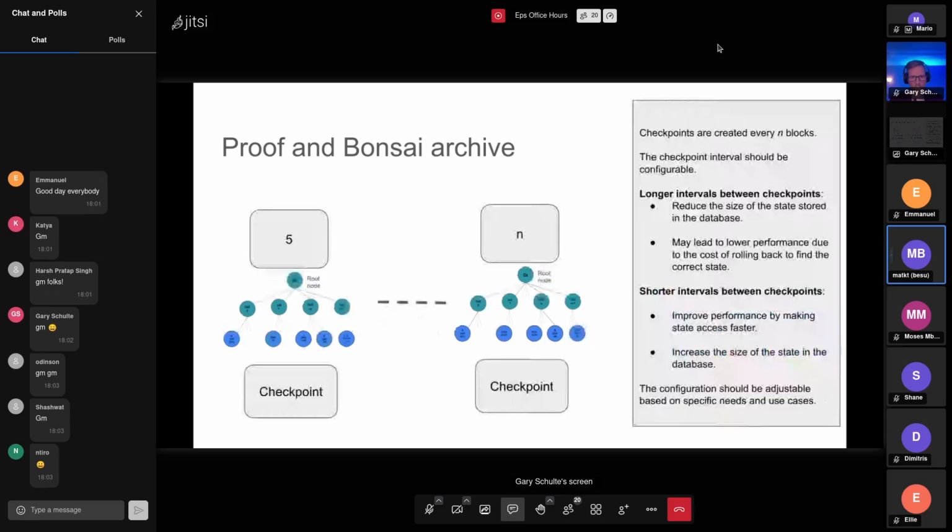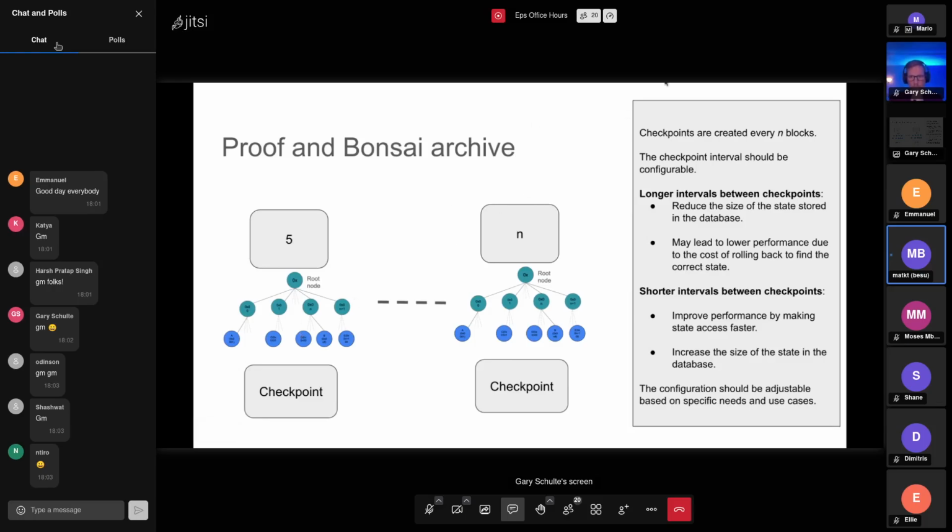So if you go to the next slide, for example, the distance between each checkpoint will depend on your need. For example, if you want a longer interval between checkpoints, the size of your database will be smaller.